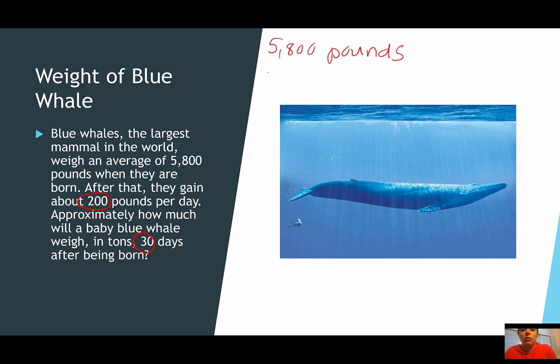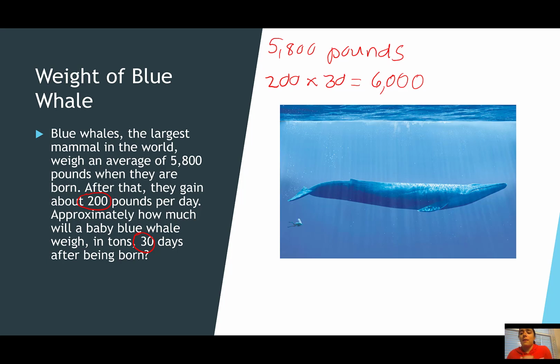So if I want to just do repeated addition like that, I can multiply 200 times 30. And this is easy. I could do 2 times 3 is 6 and add the zeros, which gives me 6,000 pounds is how much the whale is going to gain.